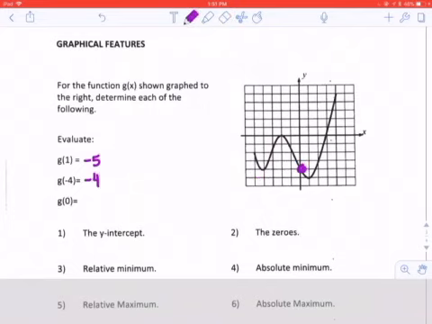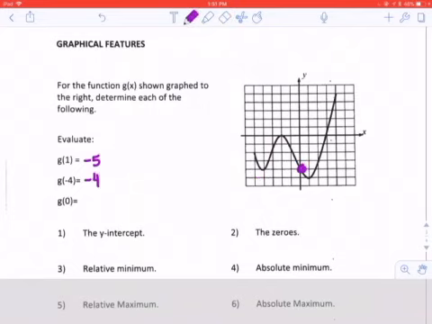So we are decreasing when -5 is less than x is less than -4. And then we're also decreasing again here at -2 to here at 1. So that would be -2 is less than x is less than 1.